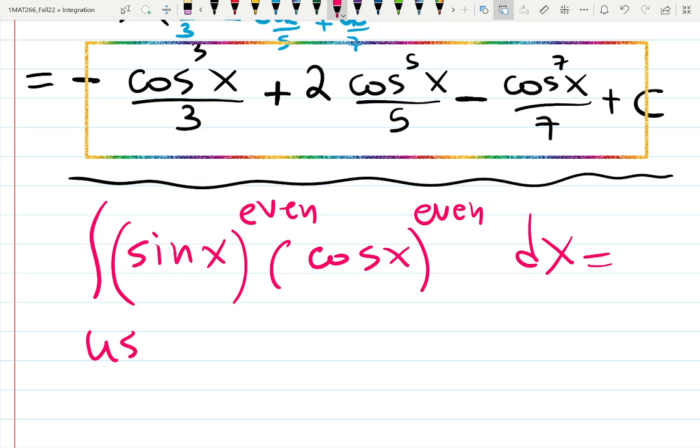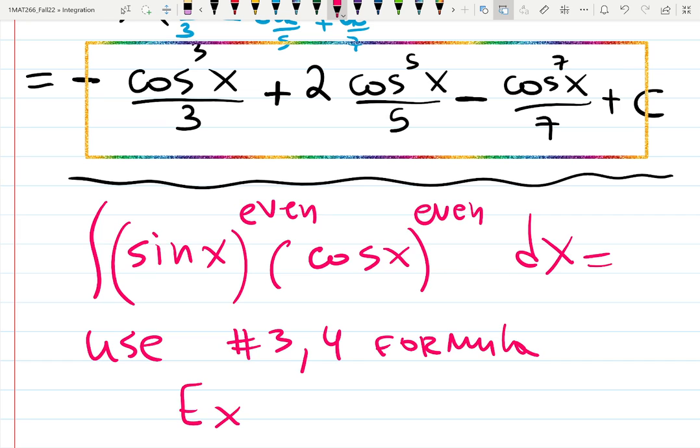Then you use the double angle formula, which is formula number 3 and formula 4, to decrease the power. That's example number 1. See example 1. So if we have all even, you just decrease and integrate using u substitution.